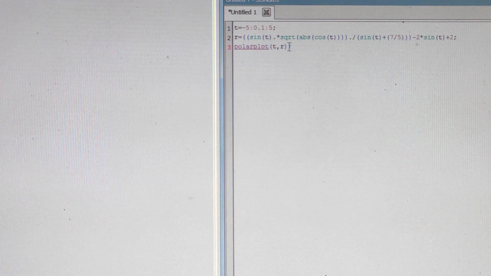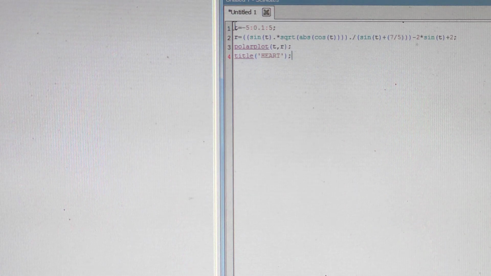Then semicolon, then enter, and let us give a title. And my title is heart. Clear? So perhaps you are thinking what type of graph it will be.